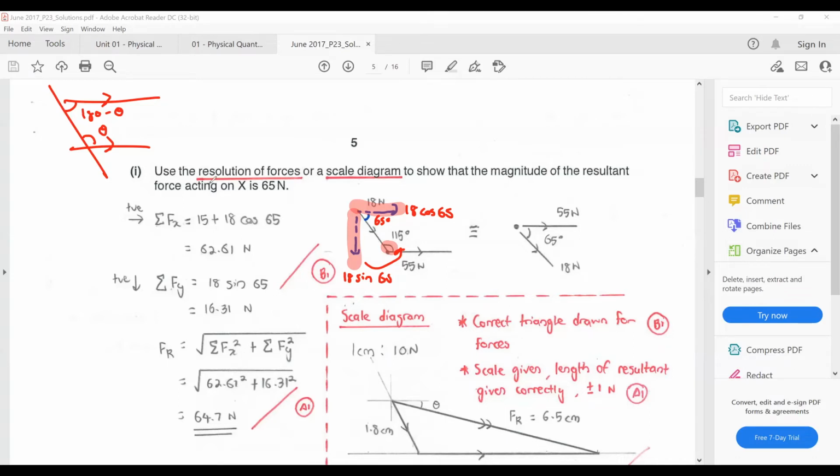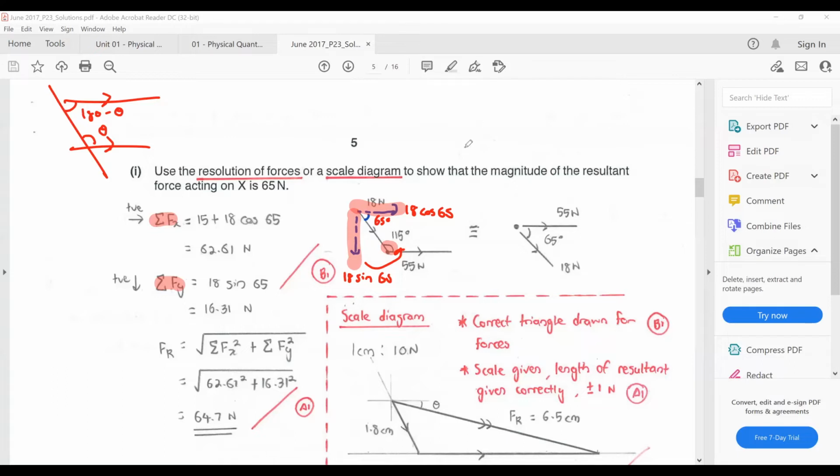Then after that, the second method I told you was that after you have resolved any non-diagonal vectors, you would sum up all the component vectors in the respective direction, in both the x and y direction.